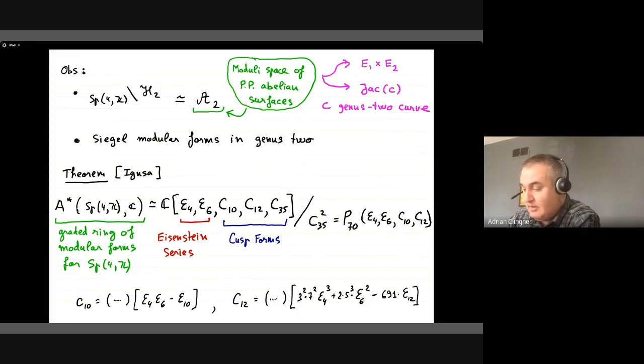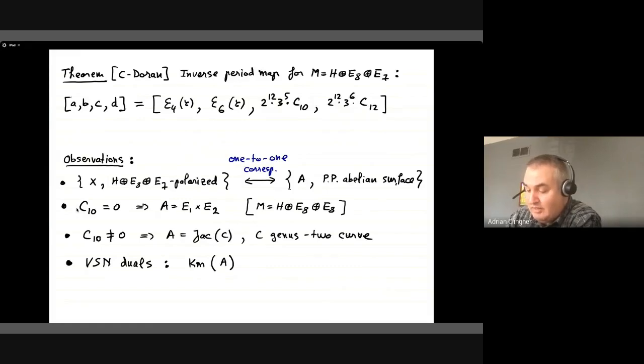And there is a connection via the von Neumann-Sartini-Nikulin duality between these K3 surfaces of rank 17 and principally polarized abelian surfaces. The dual for each of these K3s is the Kummer of a principally polarized abelian surface.